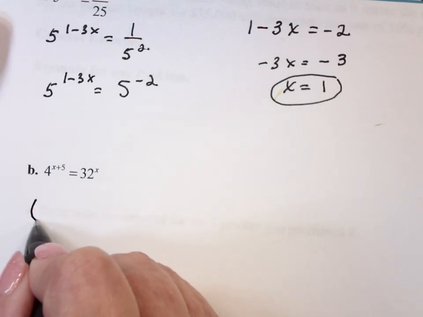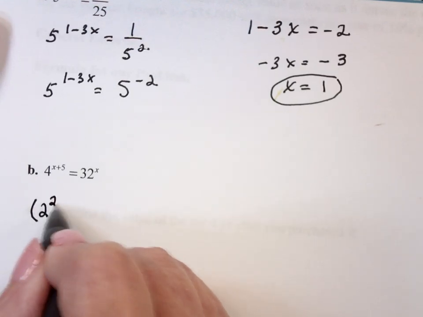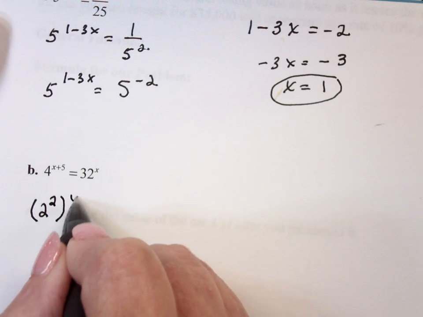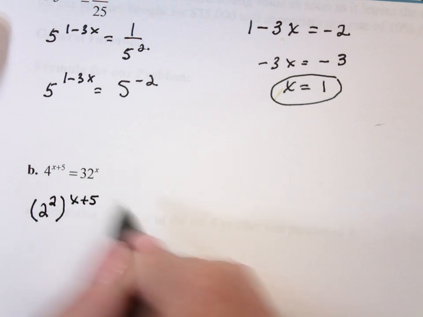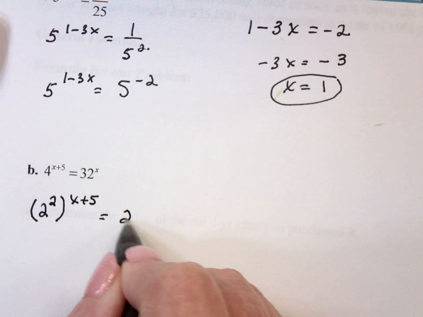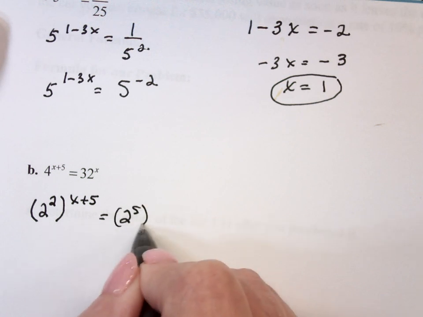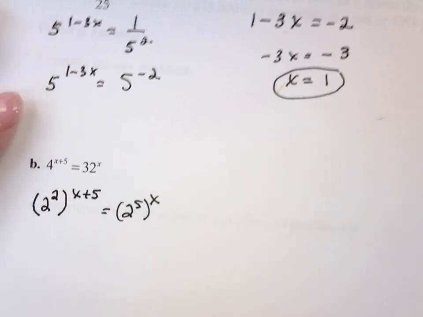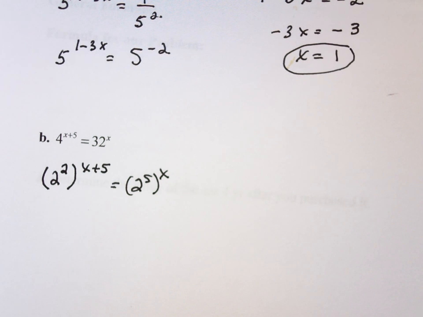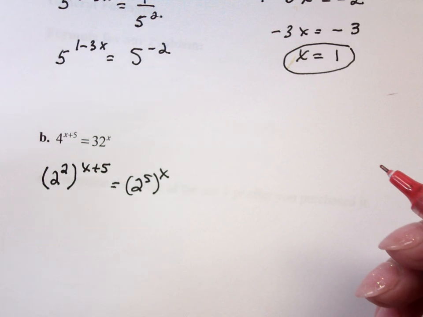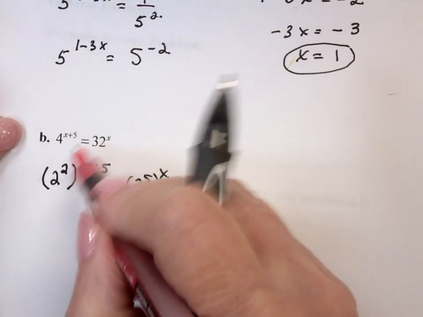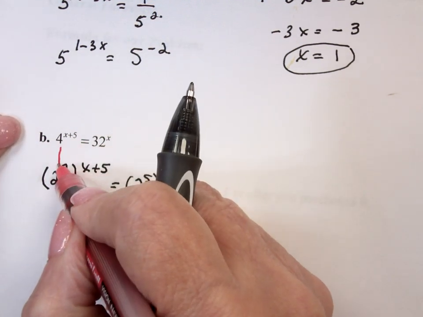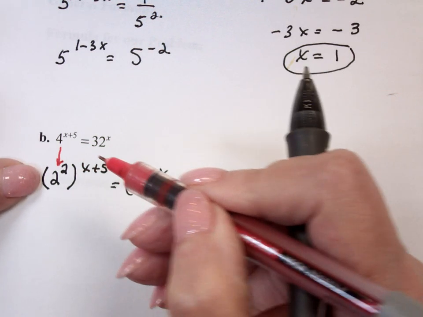So technically speaking, when I write this, 4 is 2 squared, that's your base, to the x plus 5 is 2 to the 5th to the x. Or you could say 2 to the 5x. Now why I did this was this. This is still the same equation. 4 is 2 squared.